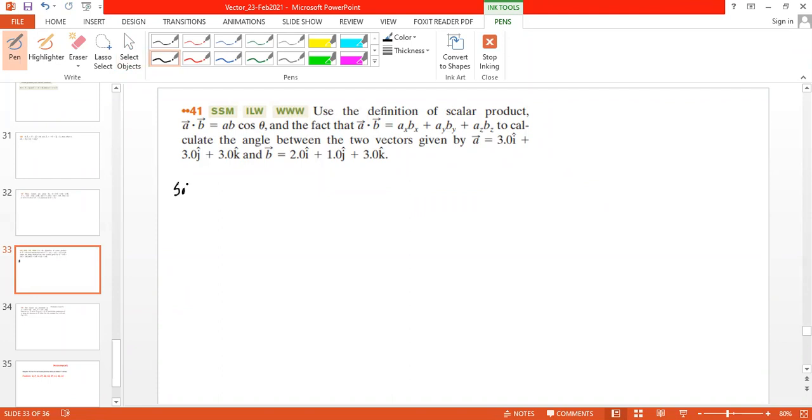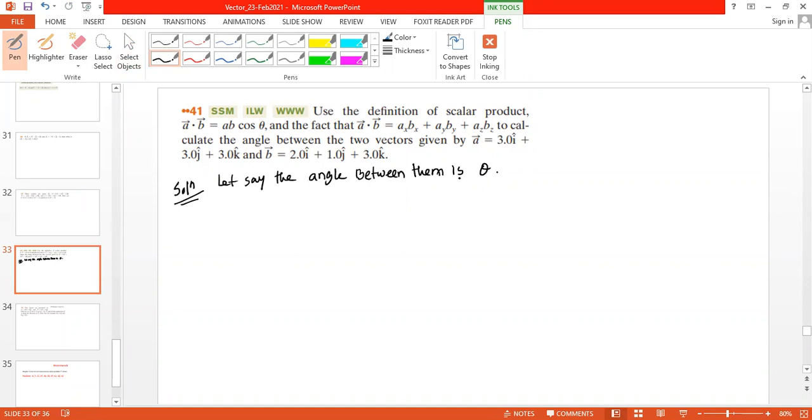So solution. Let's say the angle between them is theta.